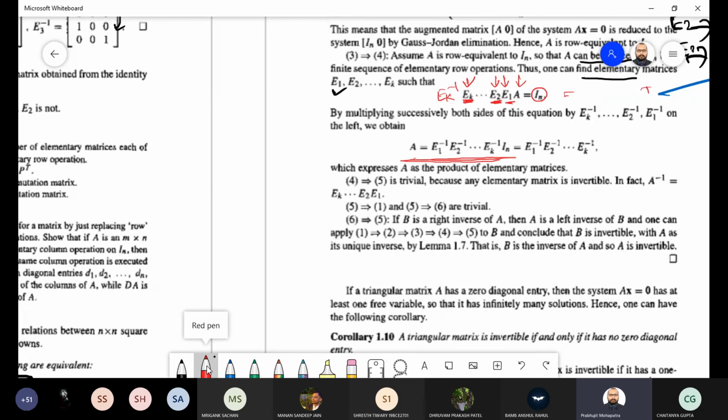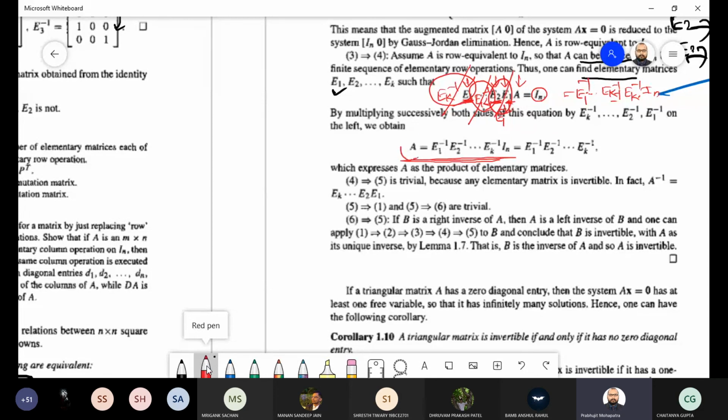Here, on the right hand side also, you multiply Ek inverse. Ek inverse into Ek becomes the identity matrix. Now you multiply E(k-1) inverse, here also E(k-1) inverse. E(k-1) inverse into E(k-1) becomes the identity matrix. Similarly, you can come up to E1 inverse, and E1 inverse into E1 becomes the identity matrix.